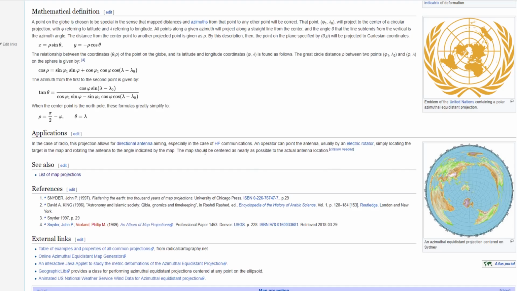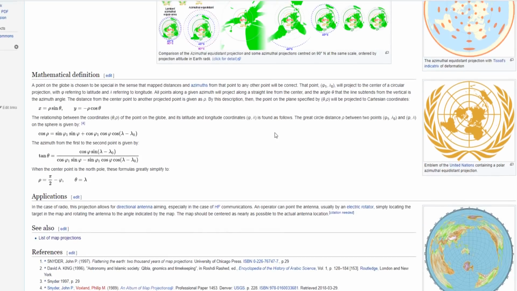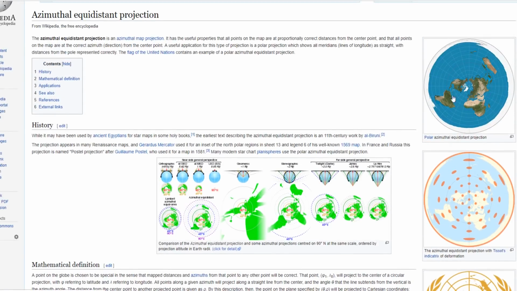The map should be centered as nearly as possible to the actual antenna location. So you would create your azimuthal map with a center point for your location, and from there you would direct your antenna. So this works in many respects. It has its practical uses, so this cannot be denied.